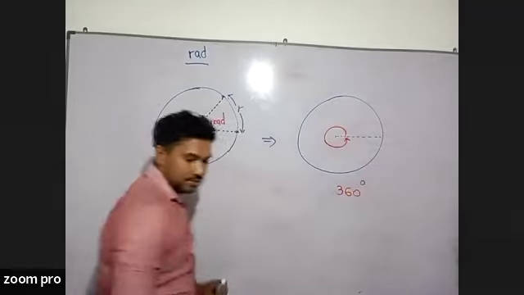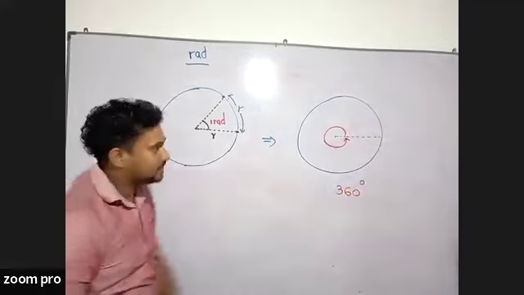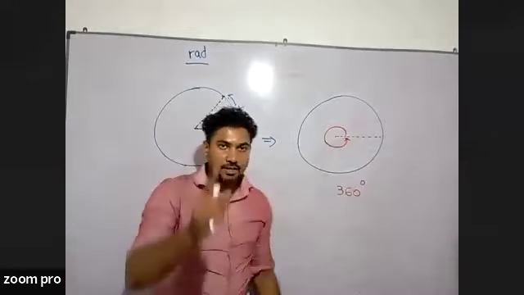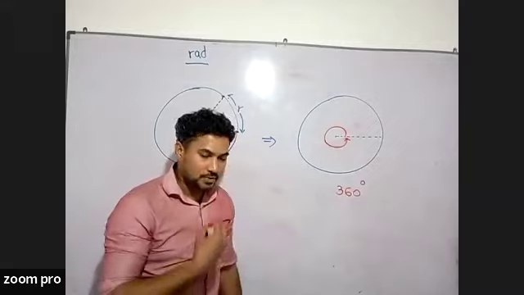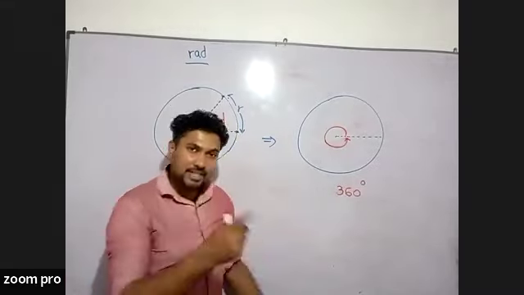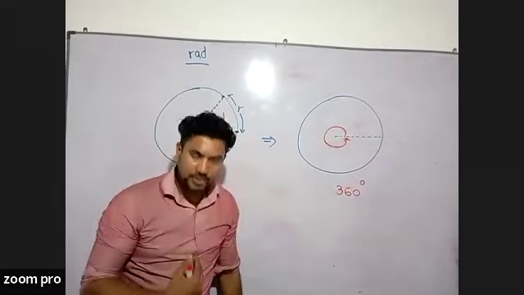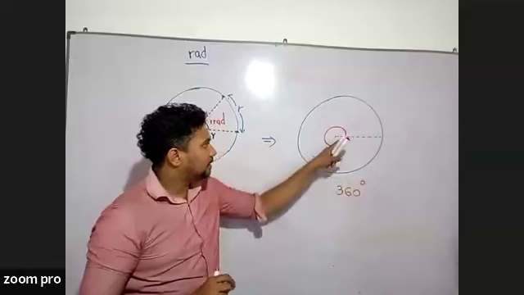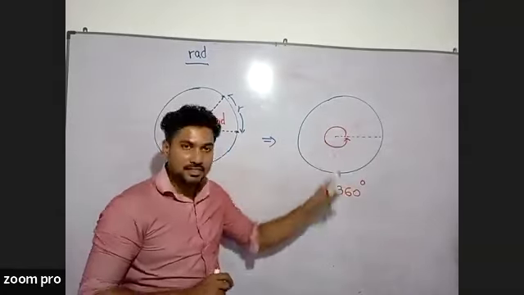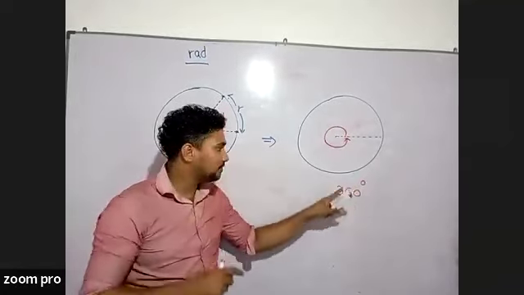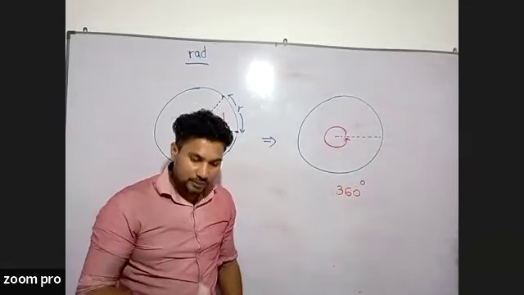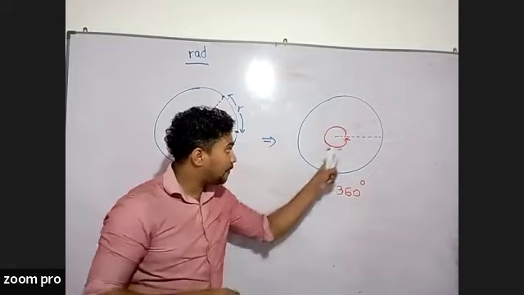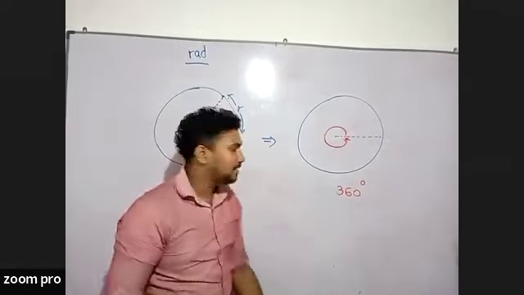It should be 360, isn't it? This is the total angle around the center of a circle. So I want to obtain this angle in radians. We already know the total angle around the center in degrees, that is 360. Now we need to obtain this value in radians.